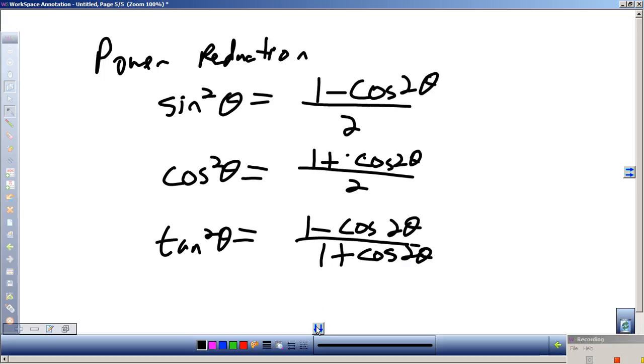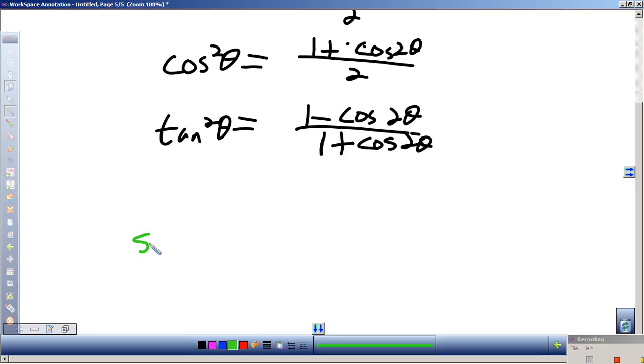So you might start with something like sine to the 6th of theta. Write this as only first powers of cosine. So we need to change it from sine to the 6th to only having first powers of cosine, using this formula.